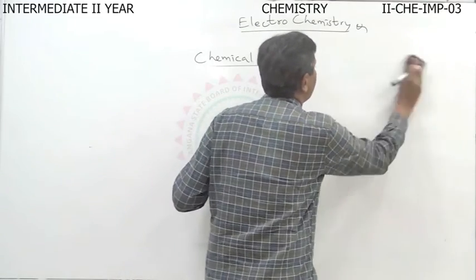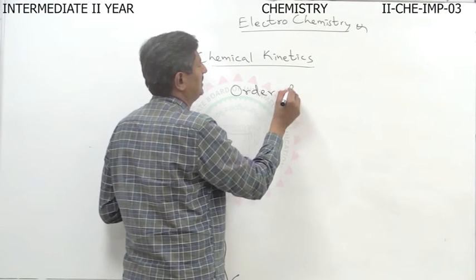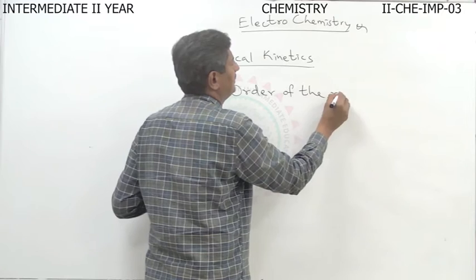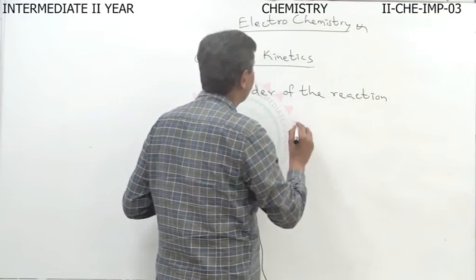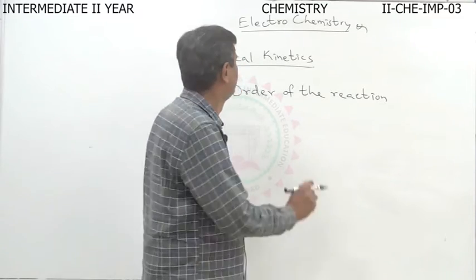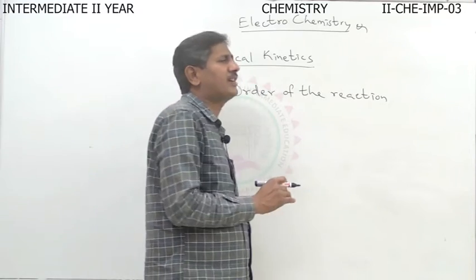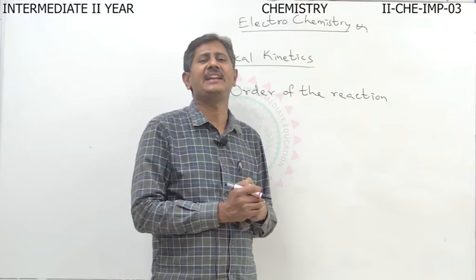Now we can see about the order of the reaction. The order of the reaction is the sum of the powers of the concentration terms of reactants in the rate law equation.